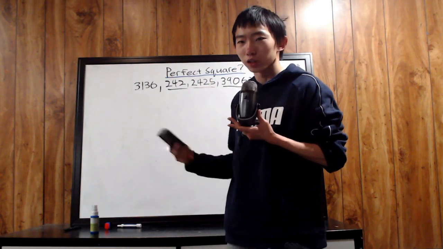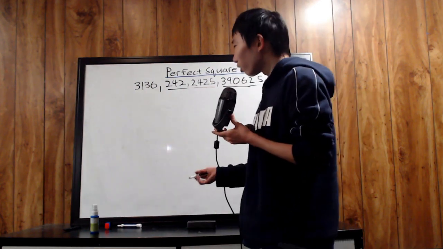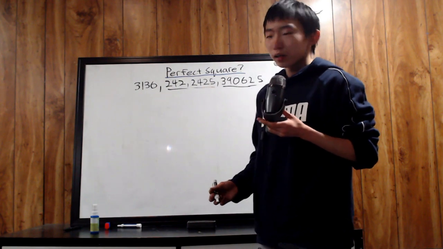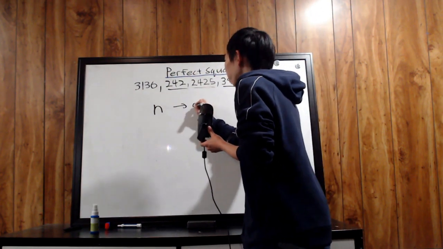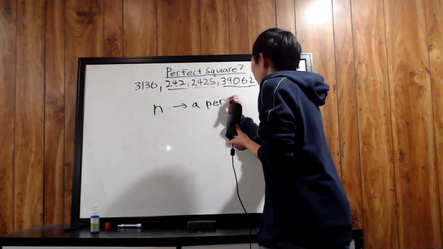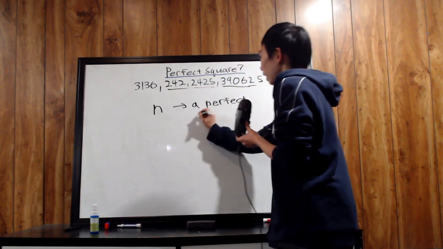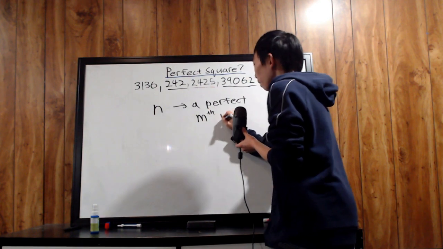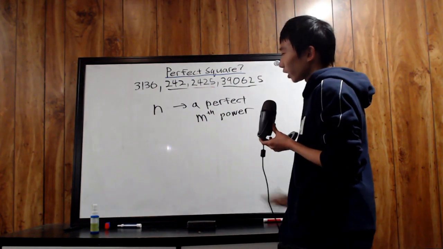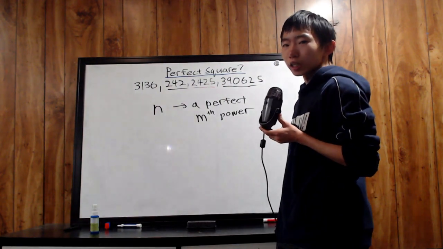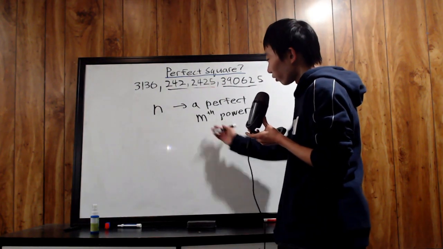It is super useful. In fact, in general, in order for the number n to be a perfect mth power, the prime factorization of n should contain exponents that are multiples of m.